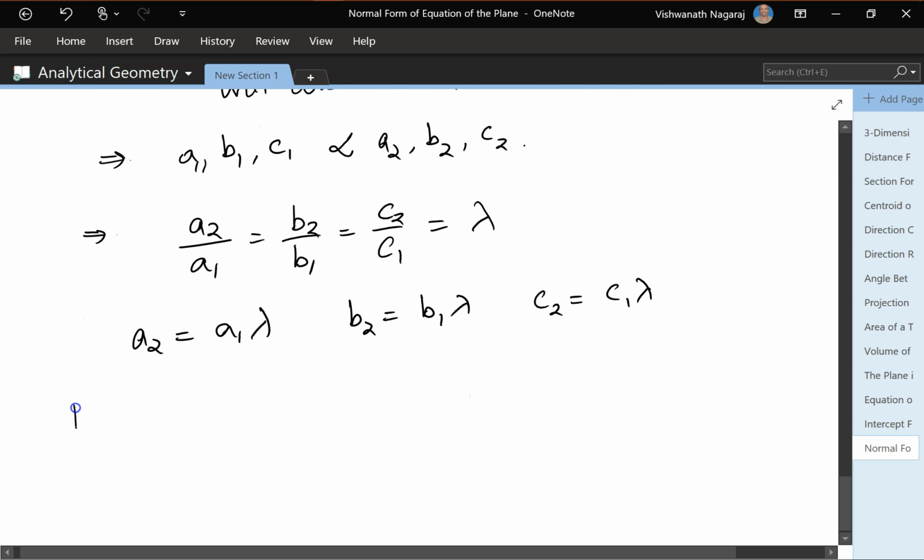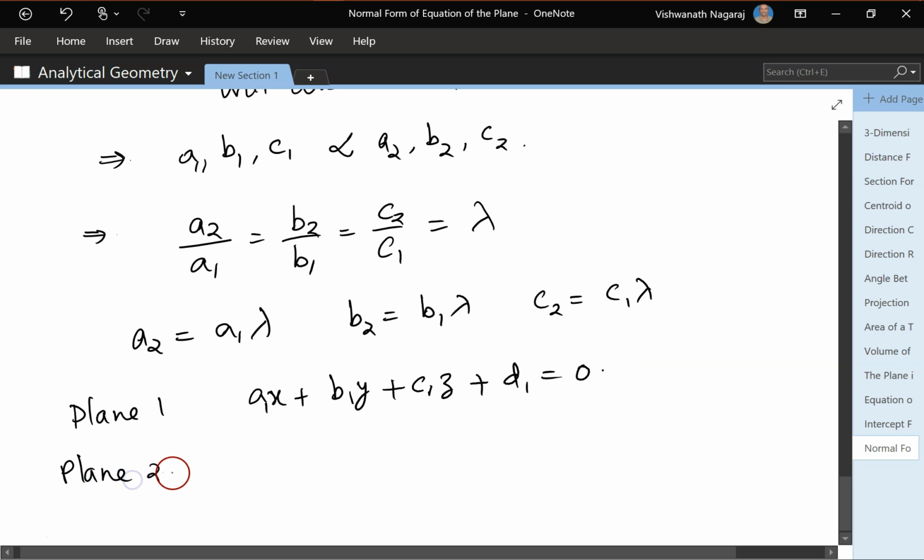Now we know that plane 1 is a1x plus b1y plus c1z plus d1 equal to 0. What we are going to do is write plane 2, which is a2x plus b2y plus c2z plus d2 equal to 0.